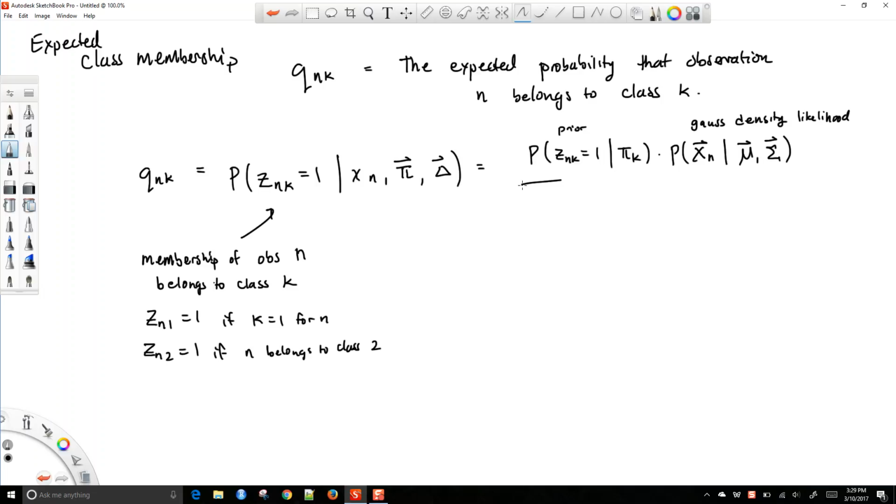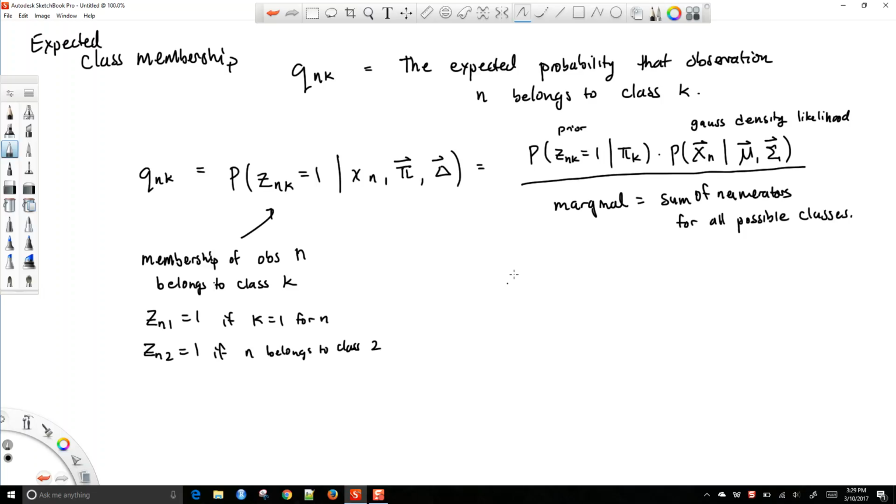And what goes in the denominator? The marginal, right? And how do we get the marginal? Basically, we add up for every possible class, right? So this is the marginal, which is basically the sum of the numerators for every class. For all possible classes, okay?